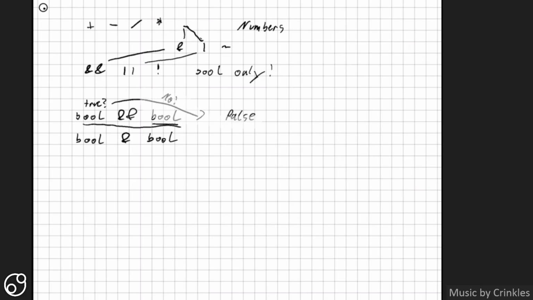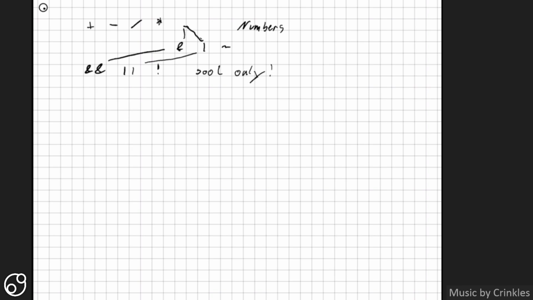And in the same way, if you write out this or this, maybe, let's write it this way. Here, it will check the A. And if the A is true, it will just go straight to true.